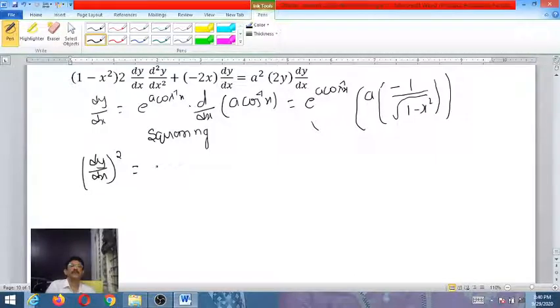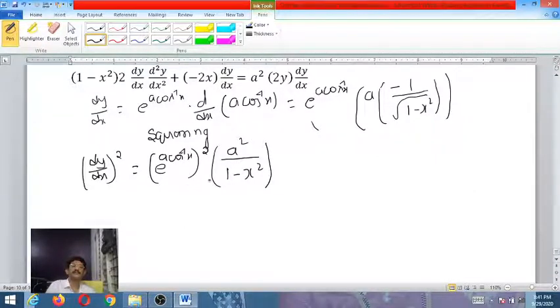This is equal to e to the power of a cos inverse x whole square into minus squared becomes plus, a squared gives a square, divided by 1 minus x square. Why is this plus? Because minus 1 square is plus 1, and a square is a square.